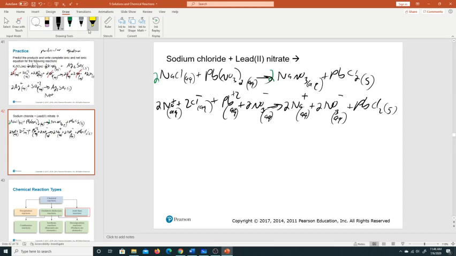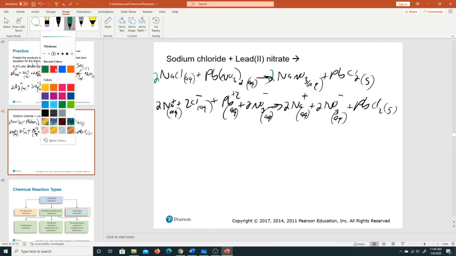So whatever the precipitate is, we leave alone. Don't forget to copy the aqueous and all that stuff.